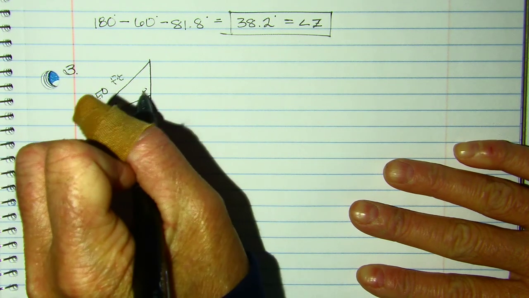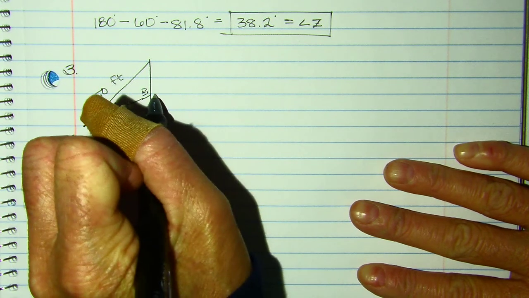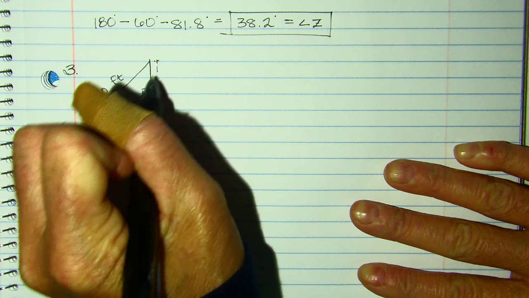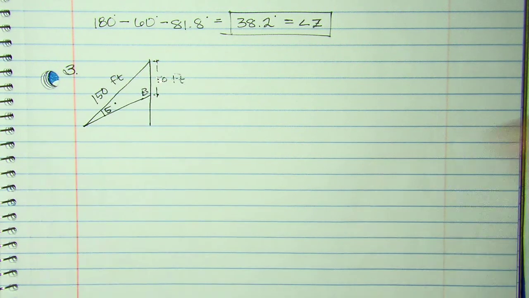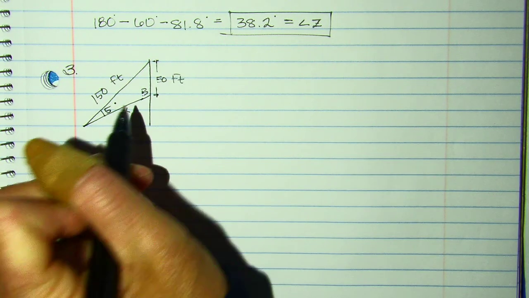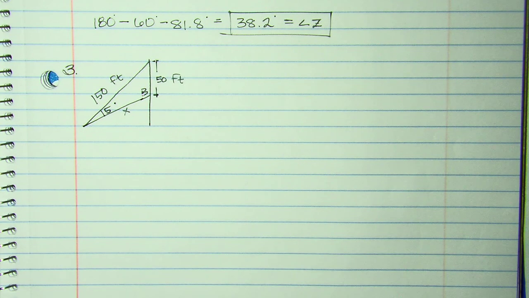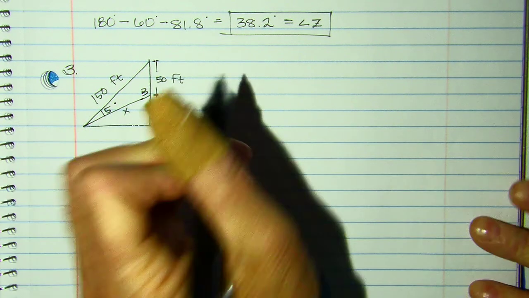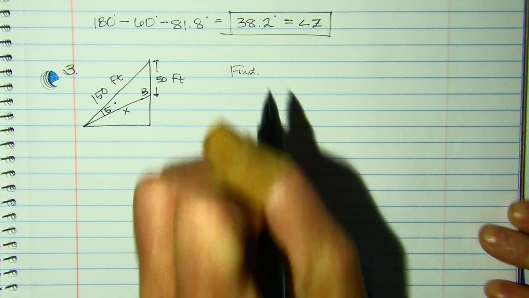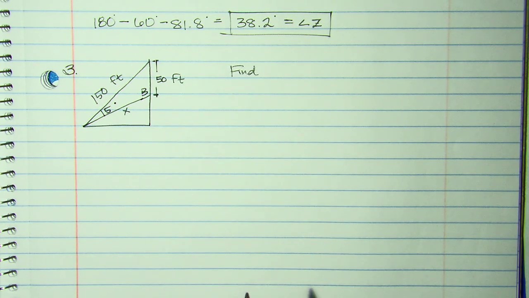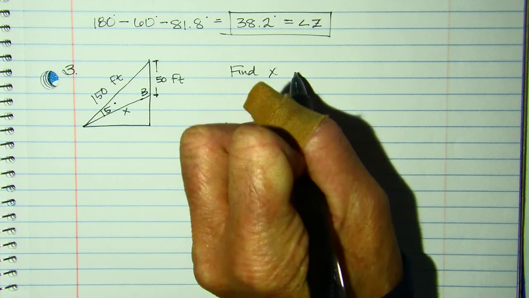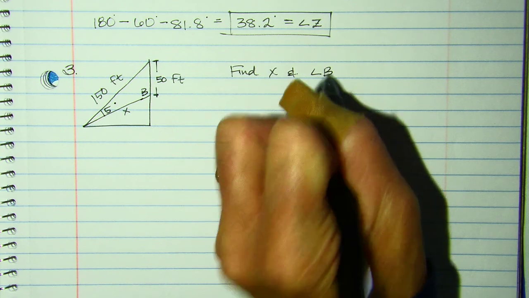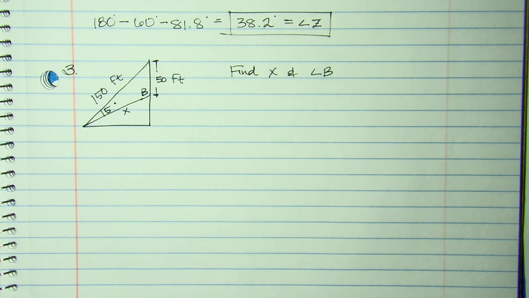This here is angle B. From here to here is 50 feet. And they want X and angle B.